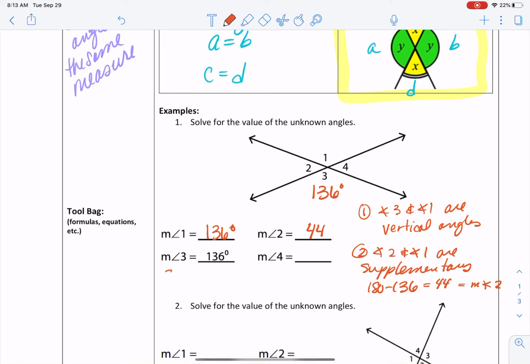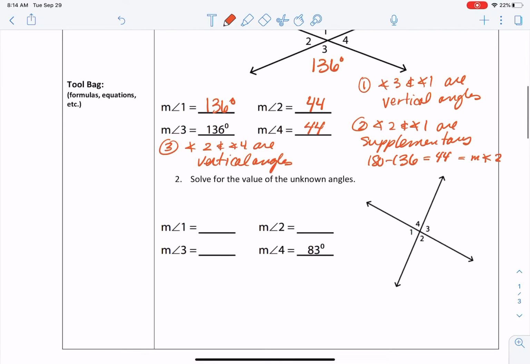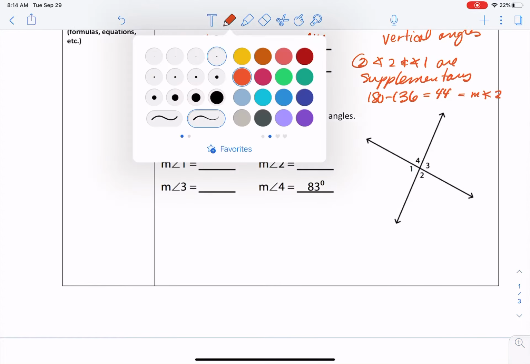And then I can say that angle 2 and angle 4 are vertical angles. So that means that angle 4 is also 44 degrees. You have to have the justifications and the reasoning behind each step so that you can go through and label all your pieces. Let's look at number 2.